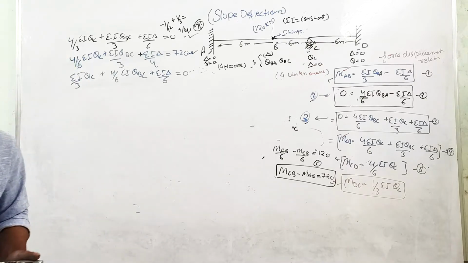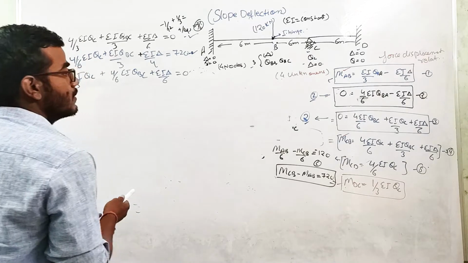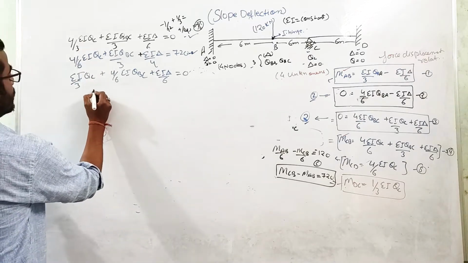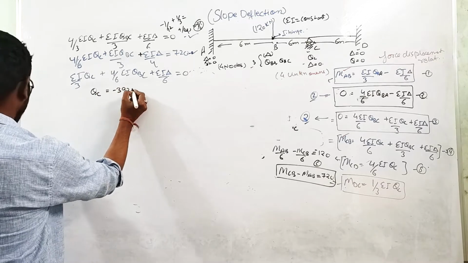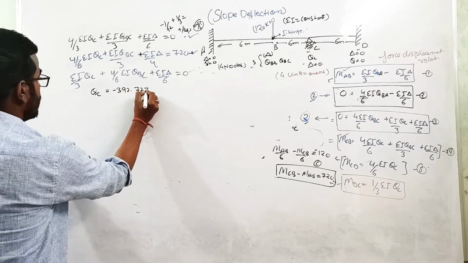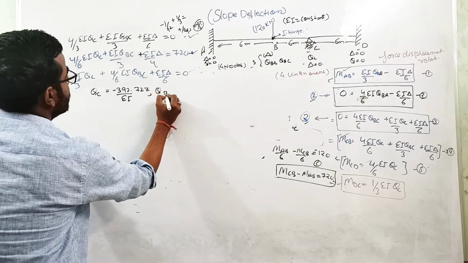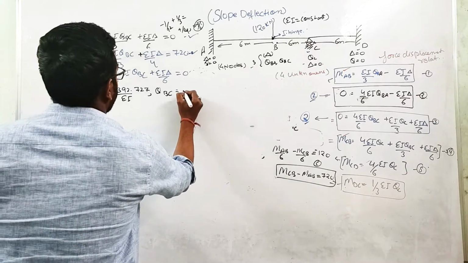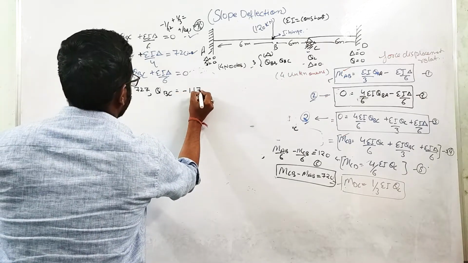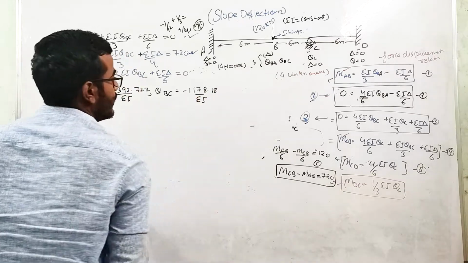So guys, the values which I'm getting: theta C is minus 392.727 over EI. Theta BC will be minus 1178.18 over EI.